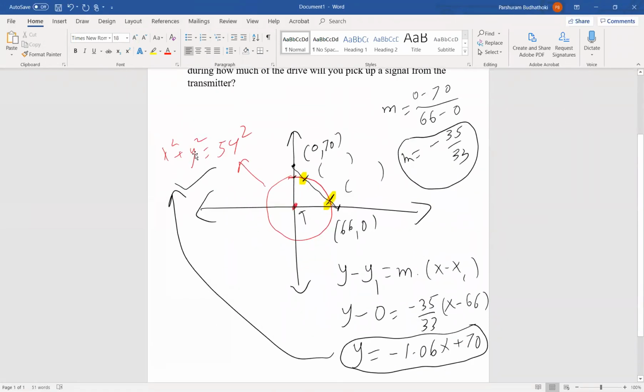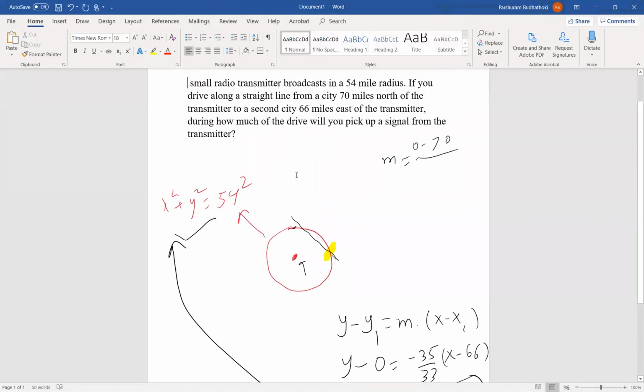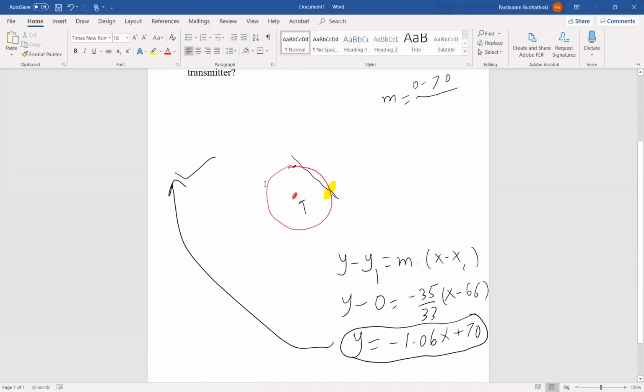If you try to just use these 2 equations, don't forget this equation.